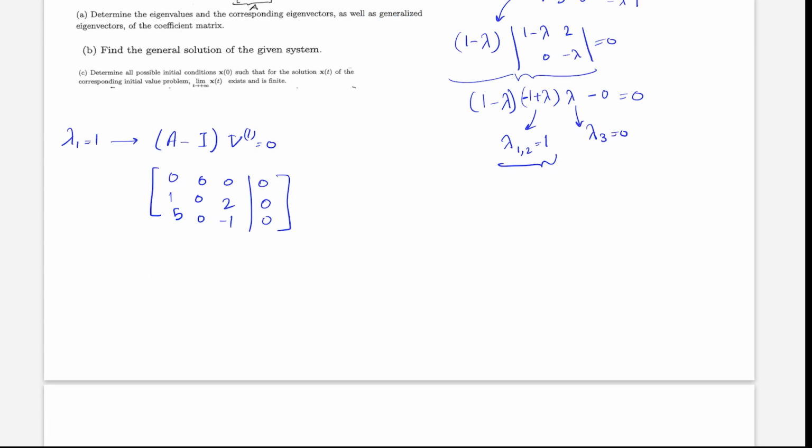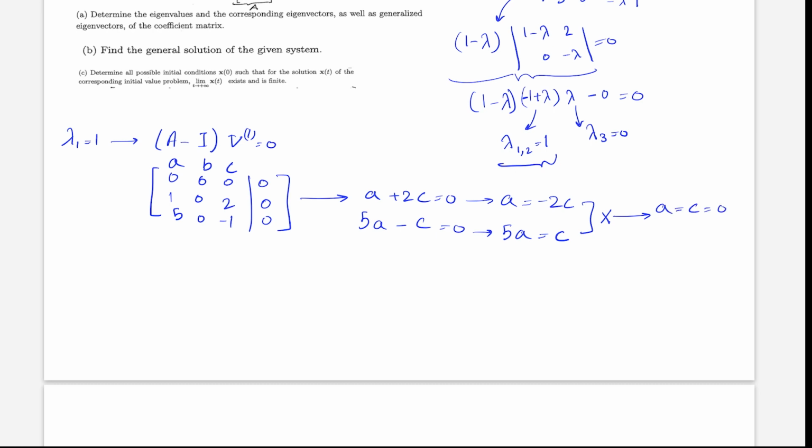Okay. Now we're going to solve it with the same strategy. This is A, B, C. We can clearly see A plus 2C equal to 0, and 5A minus C equal to 0. From here, you can see A equals minus 2C, and 5A equals C. So this is not possible unless A and C both are equal to 0.